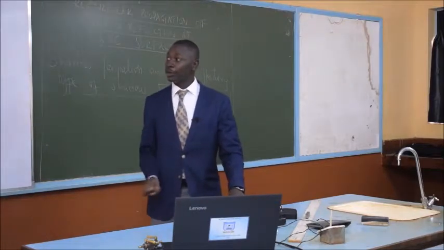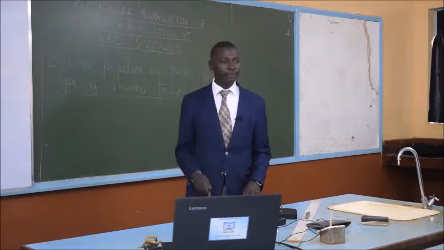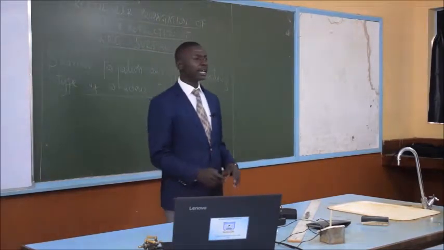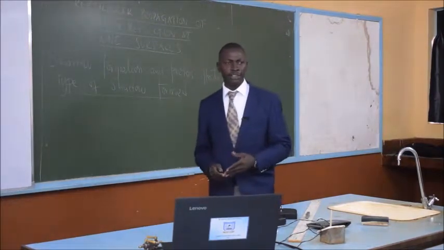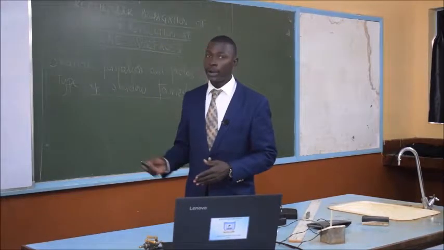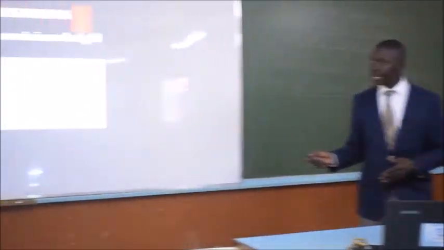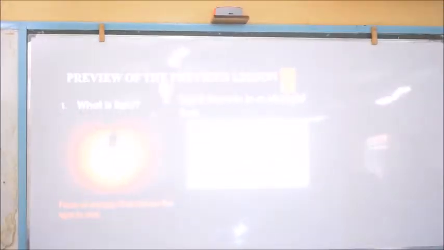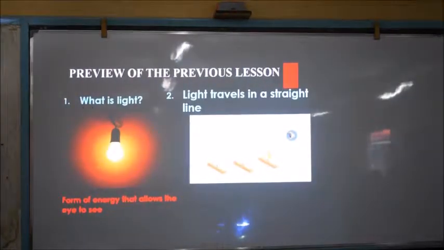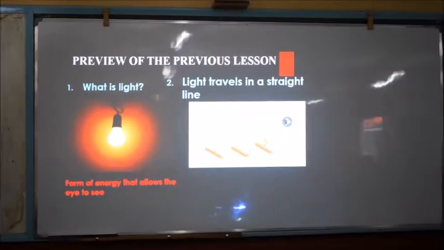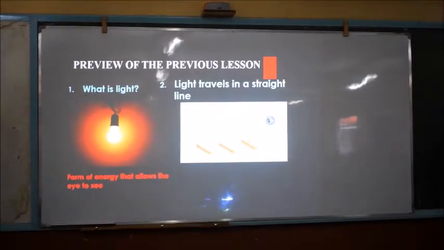So what we have on the board there is an example of a luminous source. We also looked at other concepts such as light traveling in a straight line, where we looked at such an experiment on the board. We saw that light traveling from this lit candle is able to reach this person's eye.